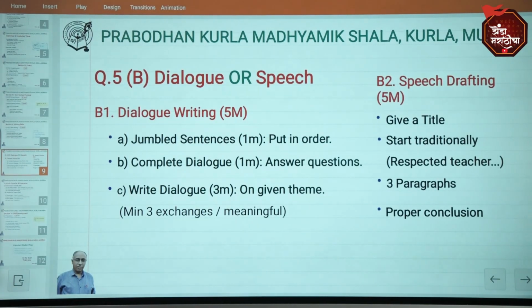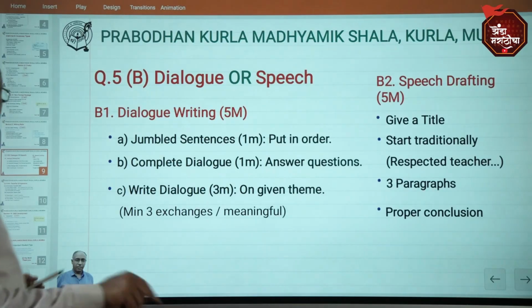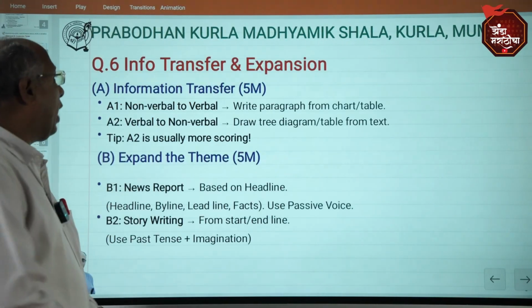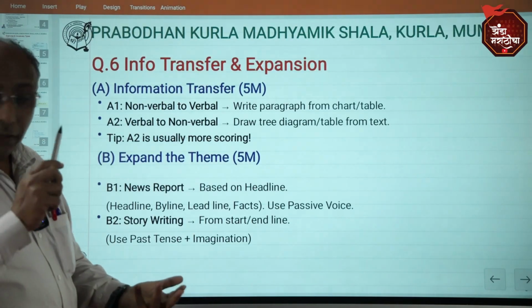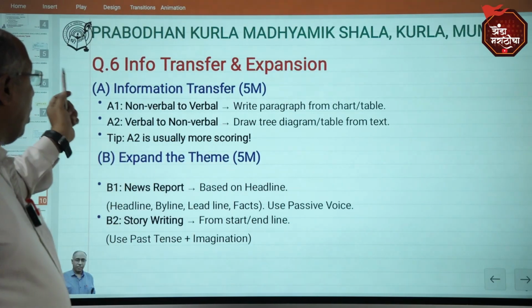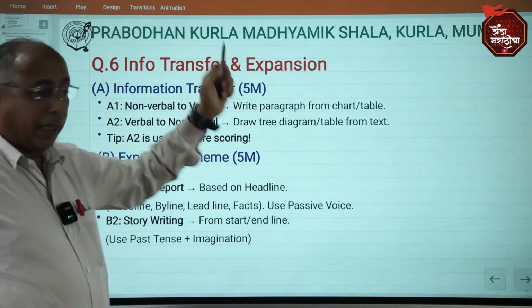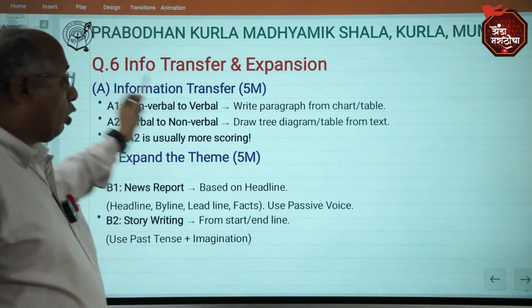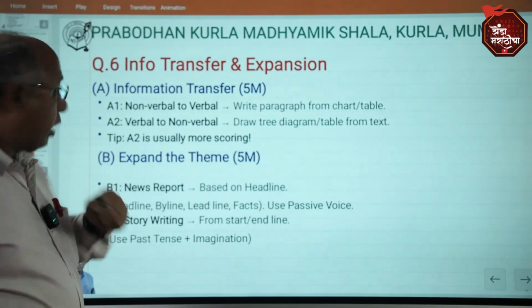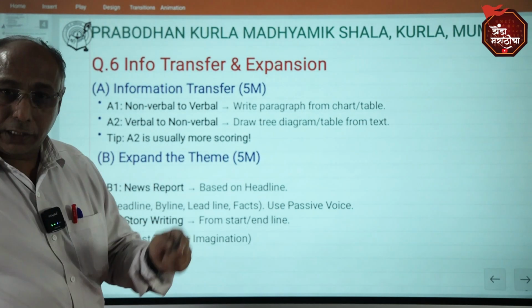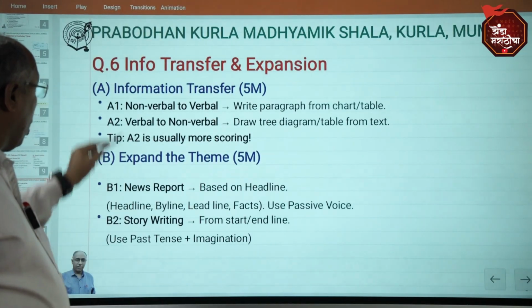Right now, let us see in the same section, question number 6 will be asked, and that is also different from letter writing, dialogue writing, and speech writing. That will be information transfer, and this section also carries 10 marks. Question number 6A will carry 5 marks, and question number 6B will carry 5 marks, total 10 marks.